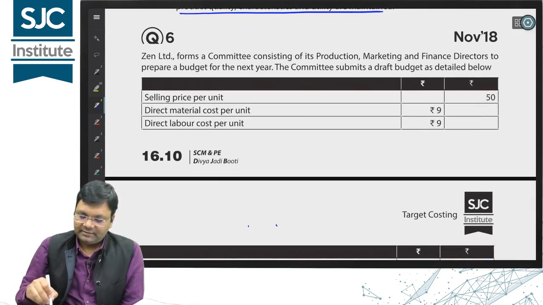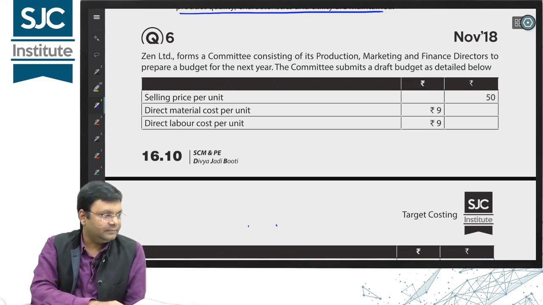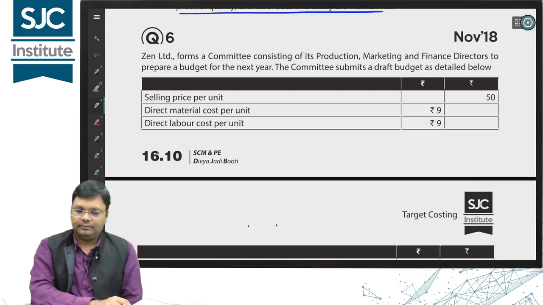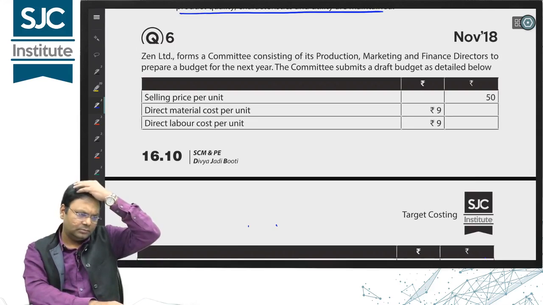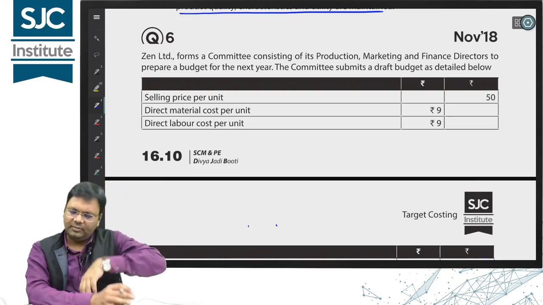So next, Zen Limited forms a committee consisting of its production, marketing and finance directors to prepare a budget for the next year. The committee submits a draft budget as detailed below.